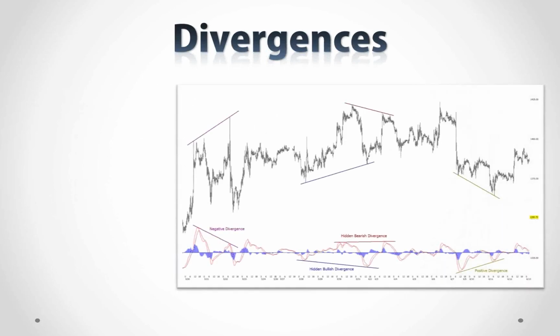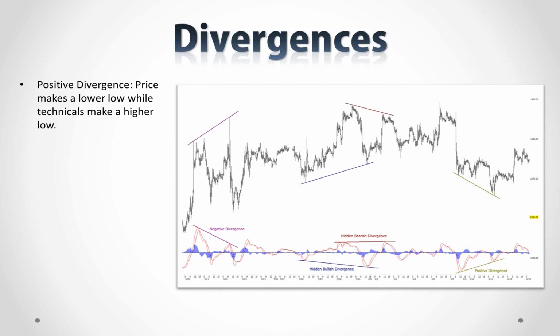Now we're going to look at examples of divergences using the MACD and how they can signal turns in price. First we have positive divergence. Positive divergence occurs when price makes a lower low while technicals are making a higher low. Here's our example. You can see at these two price extremes, price is making a lower low while the MACD is making a higher low.